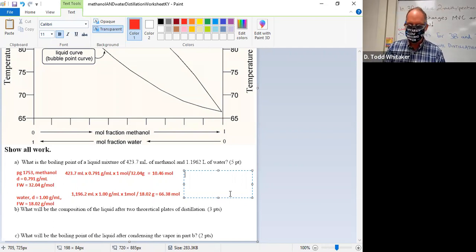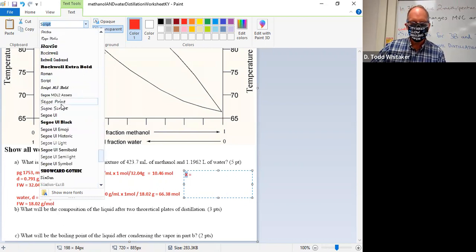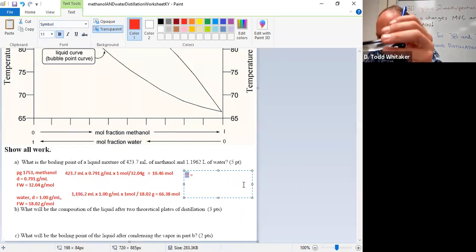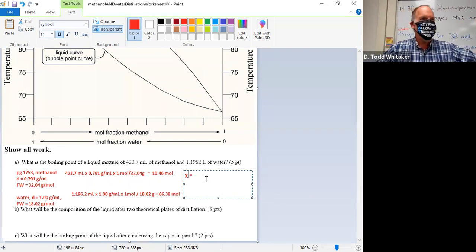And it looks like an X, but I don't think that's going to get me the right font. I think I might have to go with the C. Let's see. The learning experience for me too. We need the symbol font. And that is definitely not what I'm looking for. That was with the X. It's the C. Capital letter C on your typewriter.